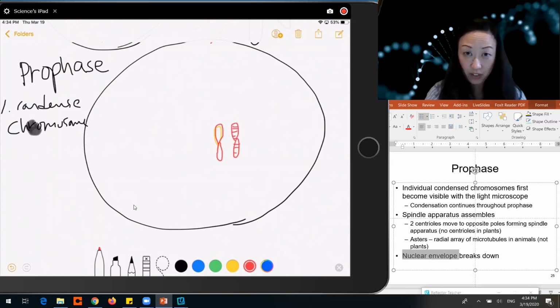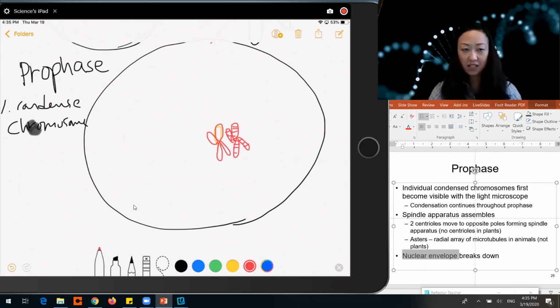But during S phase, what happened is they synthesize, agree? Does that make sense? So they're going to look like this when they enter prophase. There's going to be 2 of every chromosome, and that's 1 pair. You know what? I'm just going to do 1 pair. I think that will make things easier so you guys aren't waiting for me to draw. So this is 1 pair of chromosome going through mitosis.